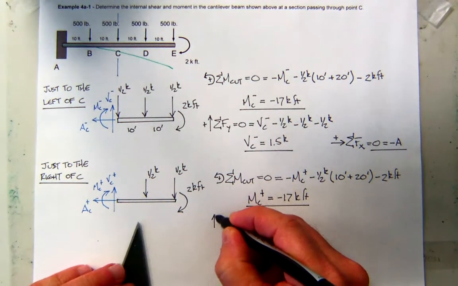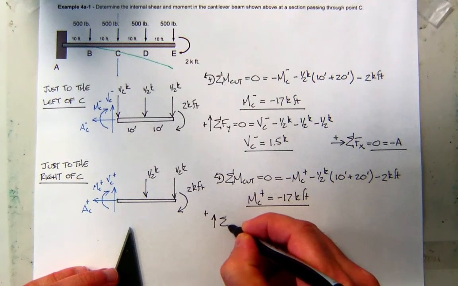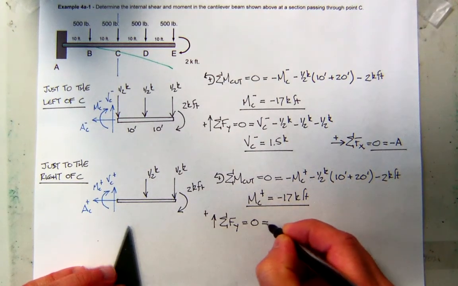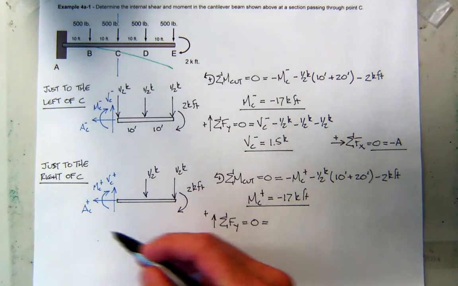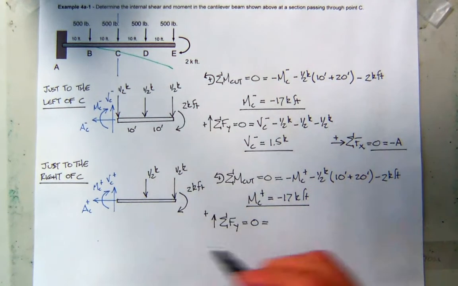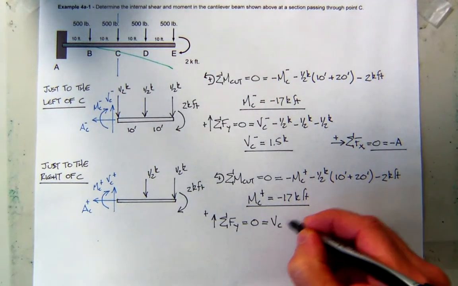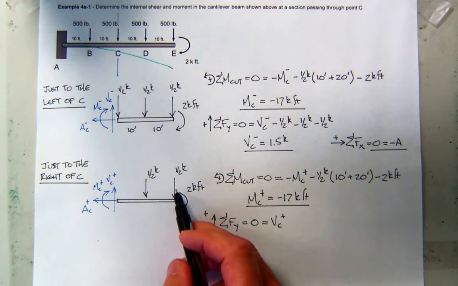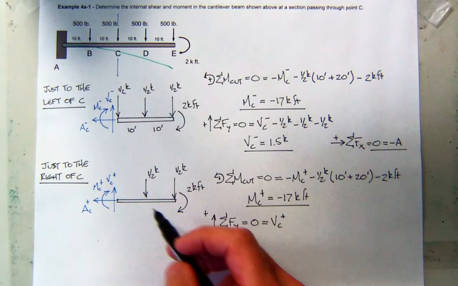If I sum forces now in the y direction, what do I get? Well, I look at my free body diagram. I have a shear force that's up, so I'm calling that positive. I have 2 1/2 kip forces down, not 3, just have 2.